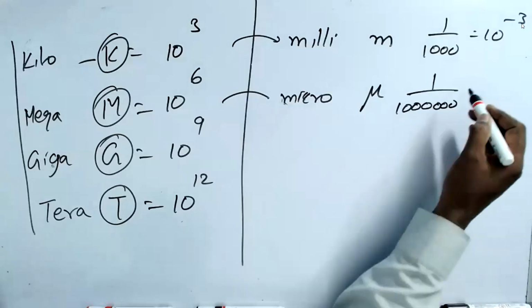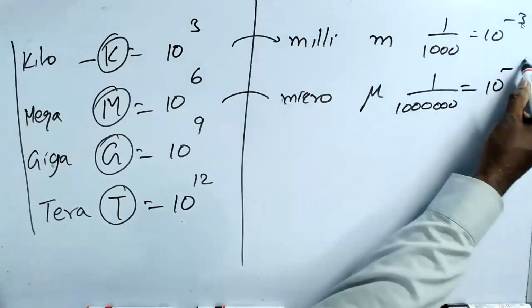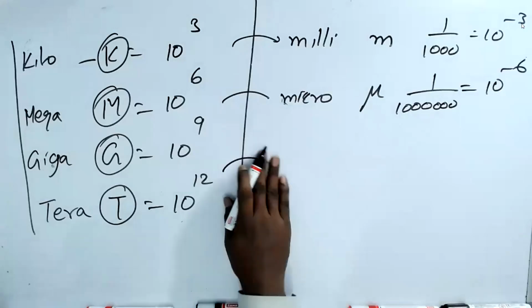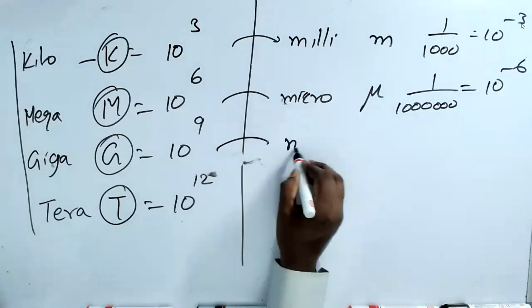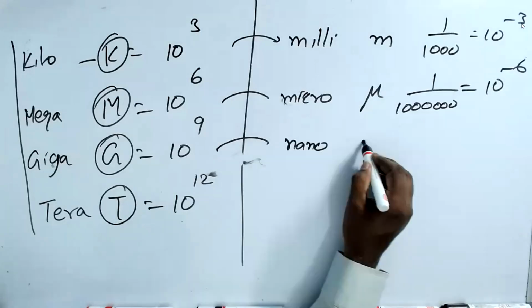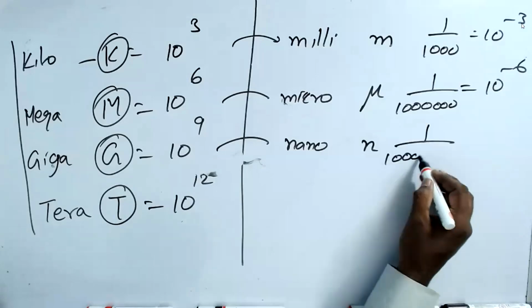The opposite of giga is nano, n, 1 by 9 zeros, 10 power minus 9.